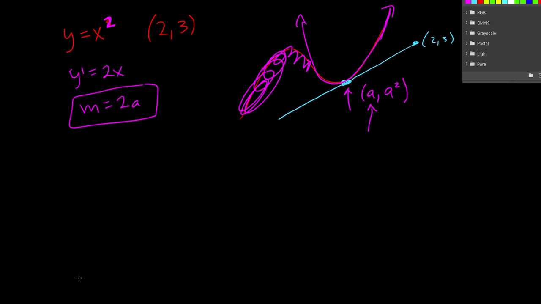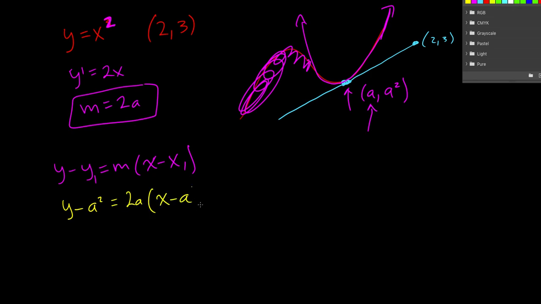And now we can look at our tangent line using y minus y1 equals m times x minus x1, and we'll just plug in these values. So we get y minus a squared, m is 2a, then we get x minus a.